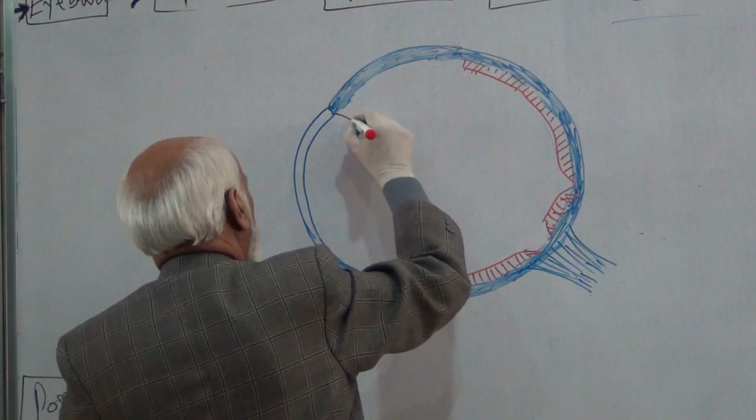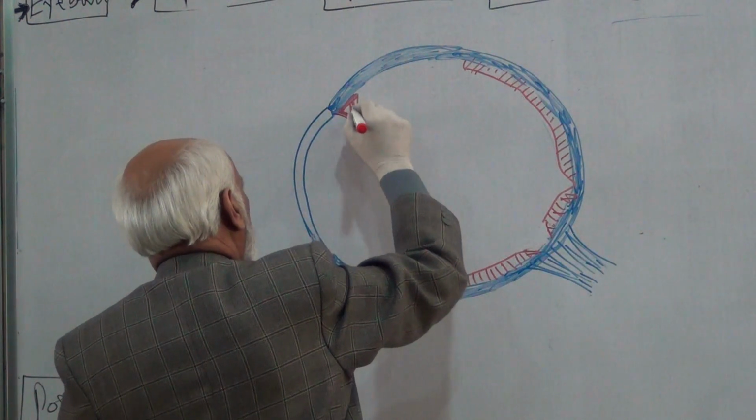Retina. Here is the ciliary body, a ring-shaped structure.